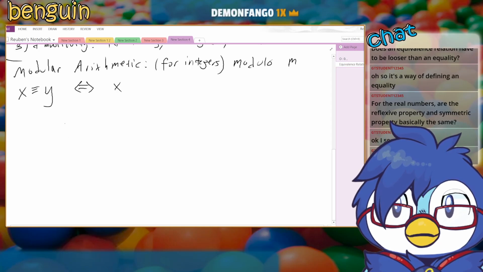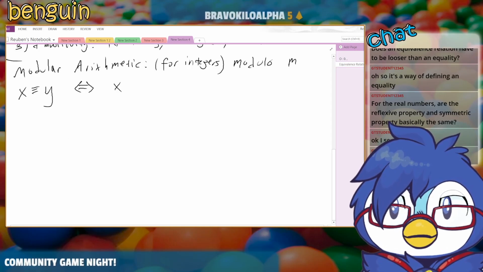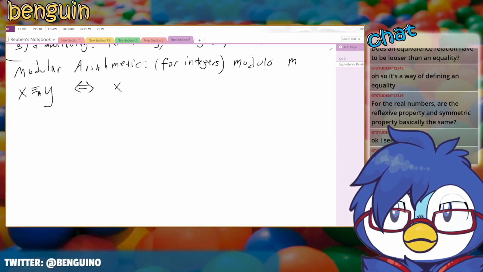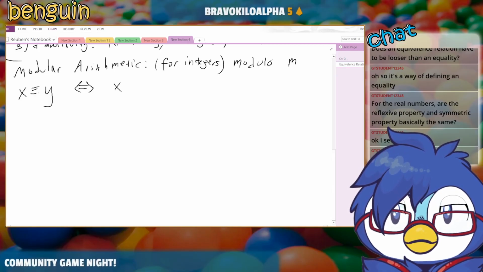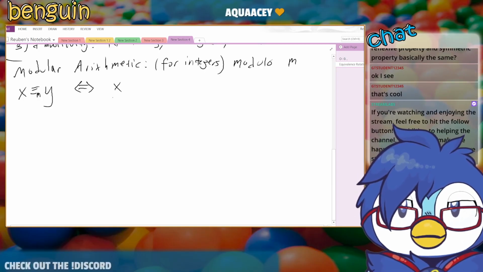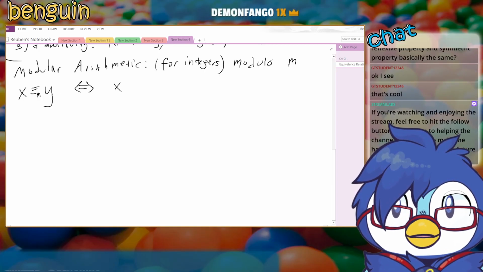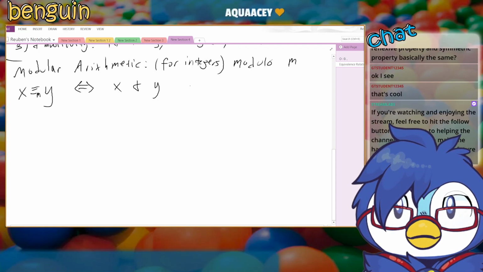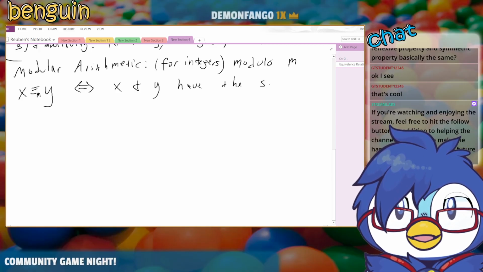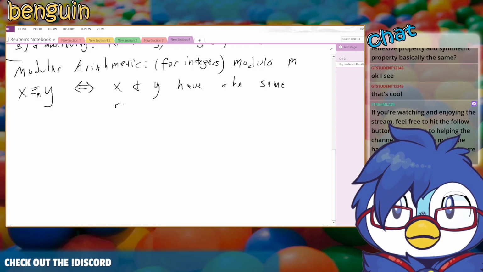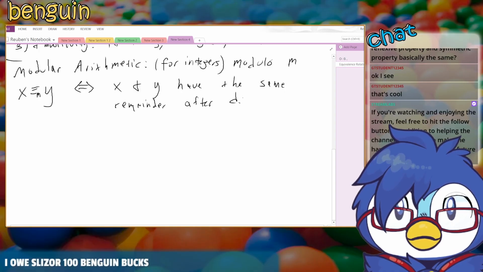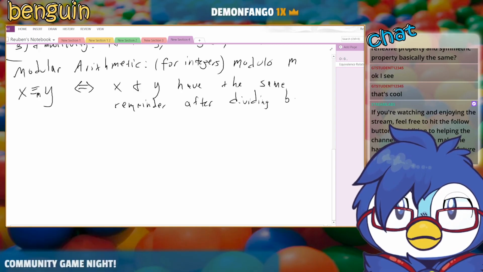So let's define what we mean here. I'm going to put a little m by this bar, just to make it clear that we're working modulo m. We say x is equivalent to y modulo m if x and y have the same remainder after dividing by m.